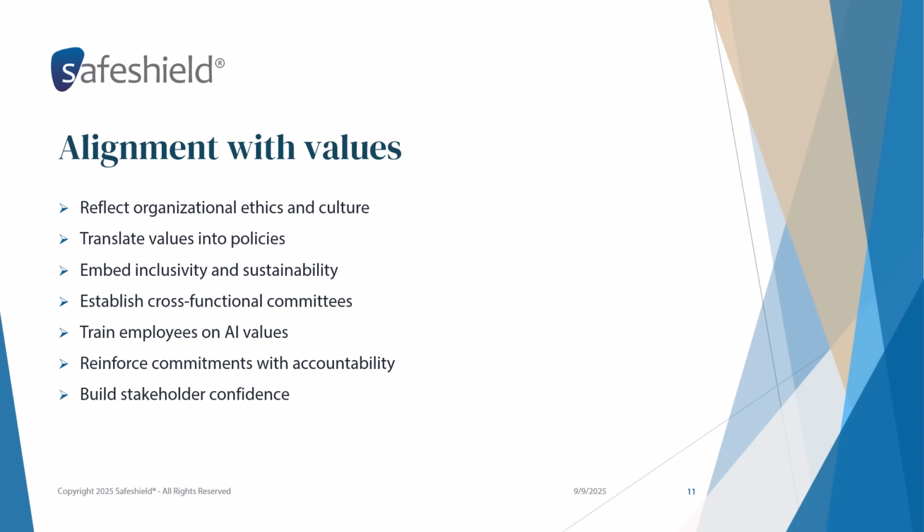Governance frameworks such as ISO 42001 encourage organizations to connect AI governance with broader management systems, ensuring coherence across business operations. Ultimately, aligning AI governance with organizational values ensures that AI becomes a strategic enabler, not just a technical tool. It fosters consistency, strengthens trust, and ensures AI systems contribute positively to both organizational goals and societal expectations.